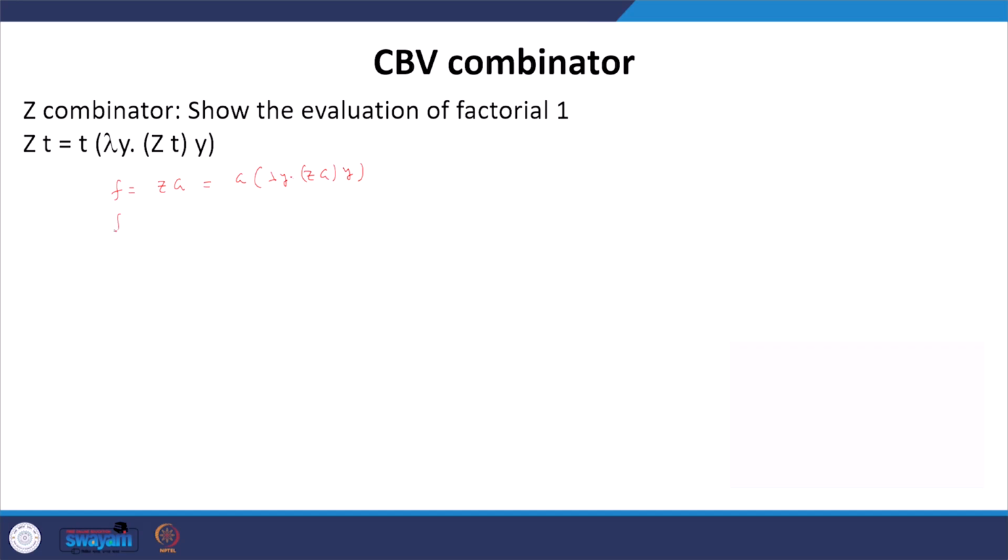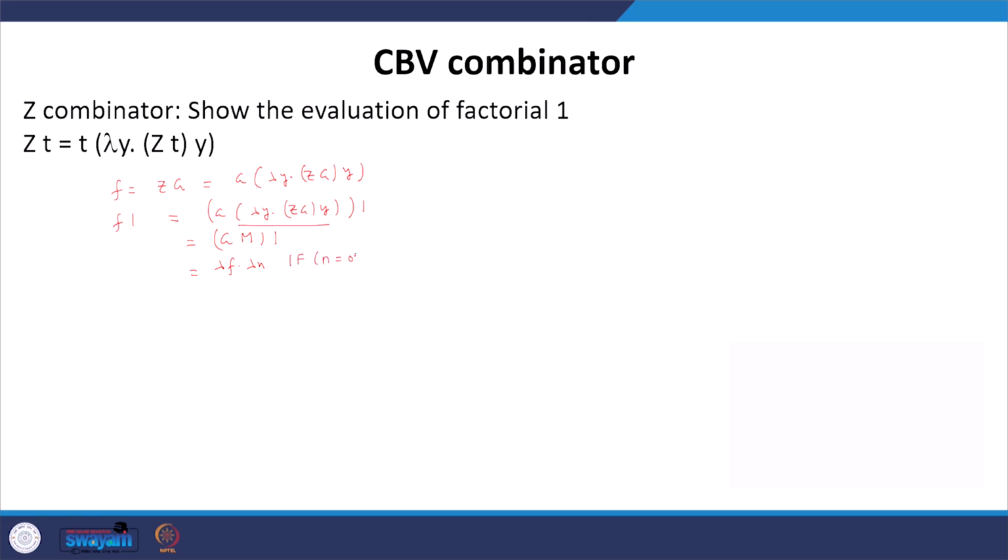Then f of 1 will be equal to g of lambda y dot zg of y, this whole thing with 1. So then we can call this part m, and we can call it with 1.